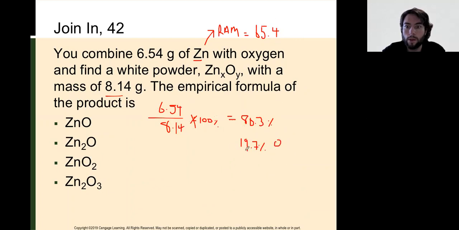So that's going to be 19.7 grams of oxygen, which is equal to how many moles? 19.7 divided by 16 gives 1.23 moles.